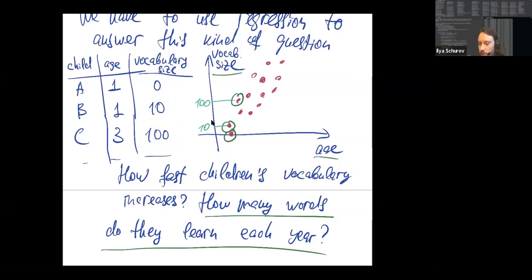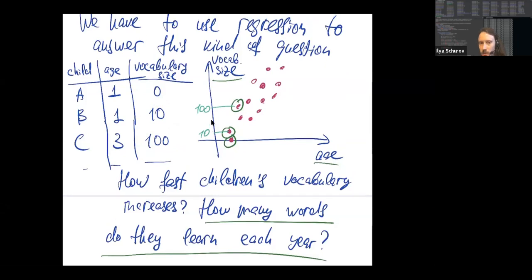I just want to stress that the correlation coefficient that we discussed previously does not answer this question at all. In fact, this is because the answer to this question, how many words they learn each year, is denoted by the slope of some straight line.